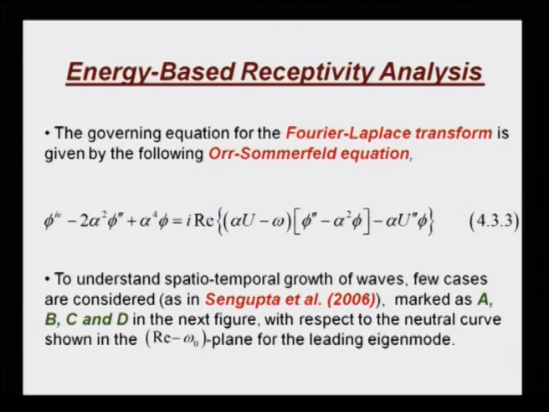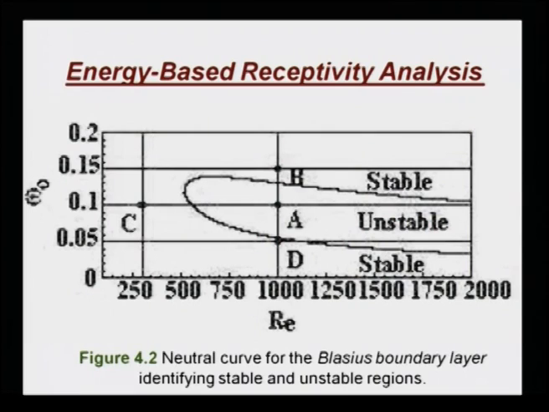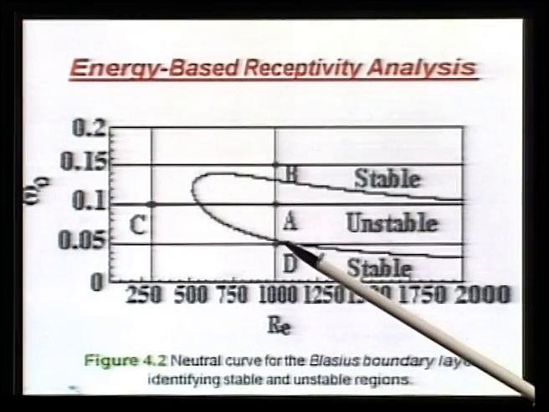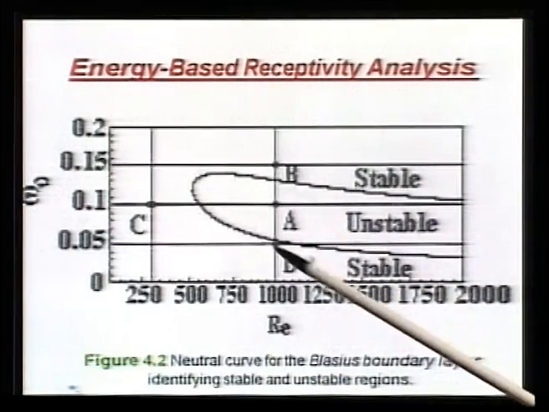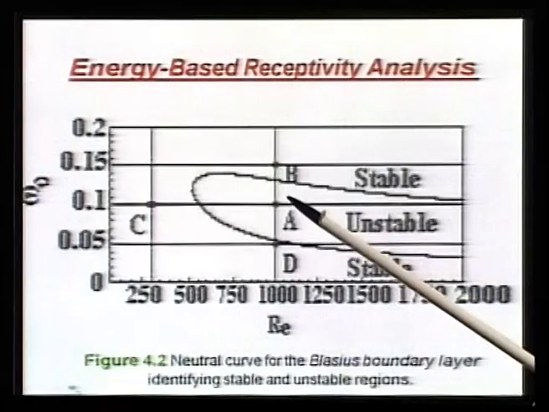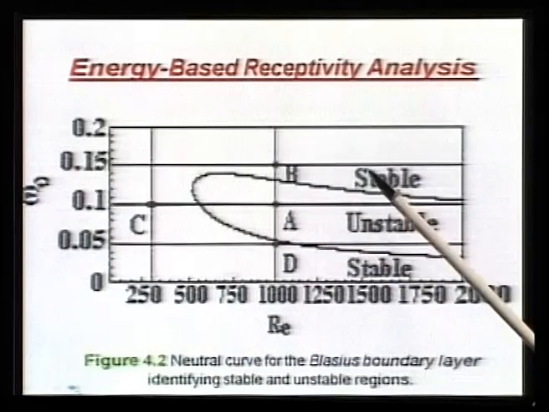But now what we want to do is not only study the spatially unstable system, but also study what spatially stable systems do, and this is what is shown here with respect to receptivity studies, where we have positioned exciters corresponding to the various locations here marked as A, B, C and D. A is what we have already studied, that is very much inside the unstable core of this neutral loop.